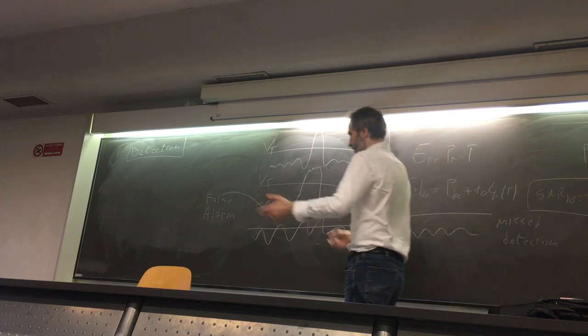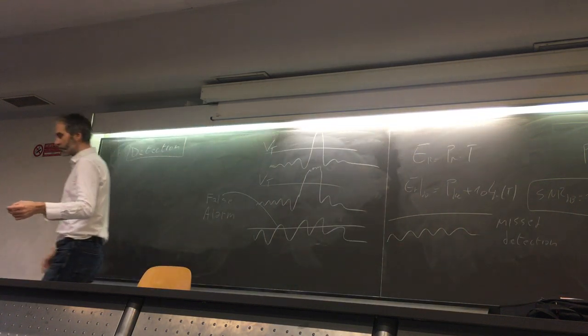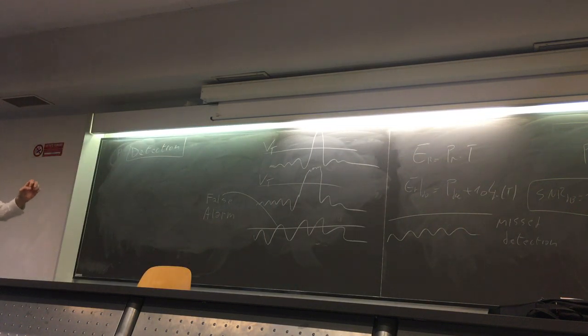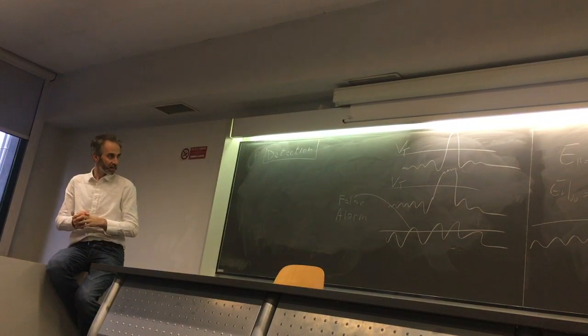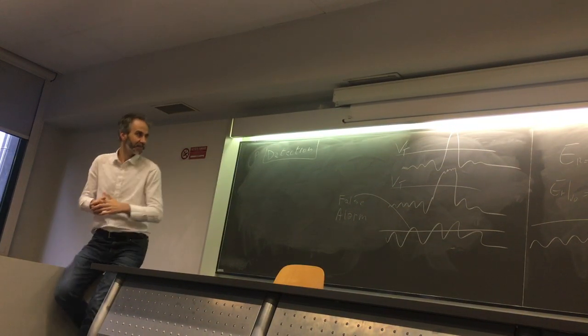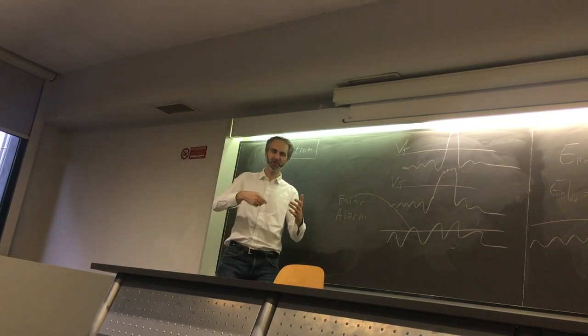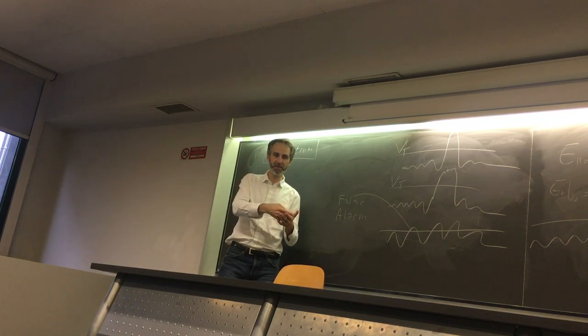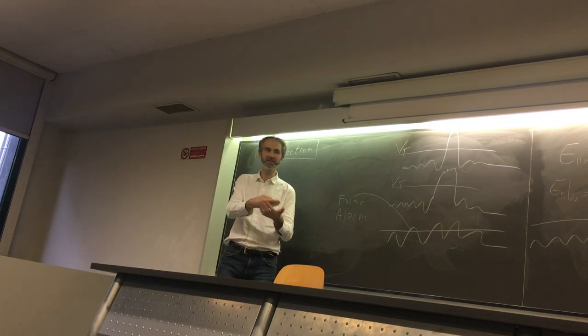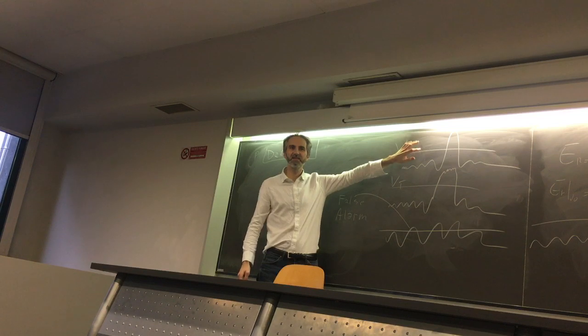So what we want to do now is start to study this problem. We're starting to cast this problem in mathematical terms by saying that we want to set this threshold.